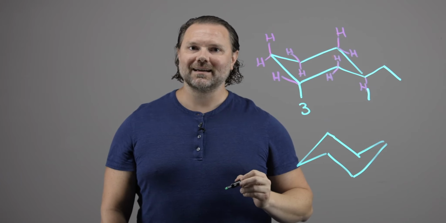We initially had our parallel lines going up here. We're going to go the opposite and form the other chair. And now we draw those bonds and connect it together, and I formed my opposite chair. And carbon 1, which used to be pointing down, is now inverted to point up. The ethyl group that used to be in an equatorial position will now be in the axial position. It was up equatorial, it remains up, but it switches from up equatorial to up axial, and there's our ethyl group.